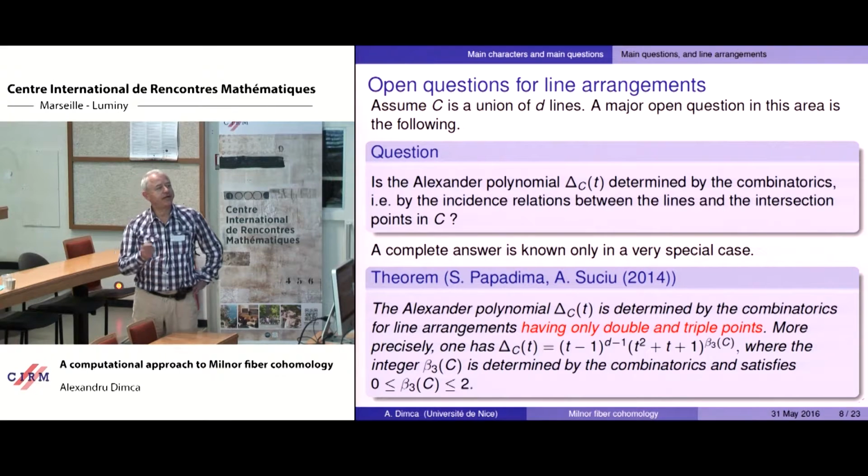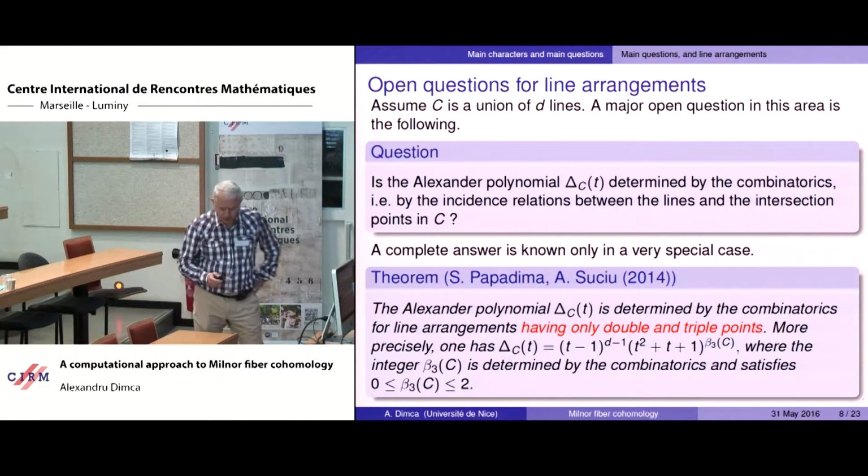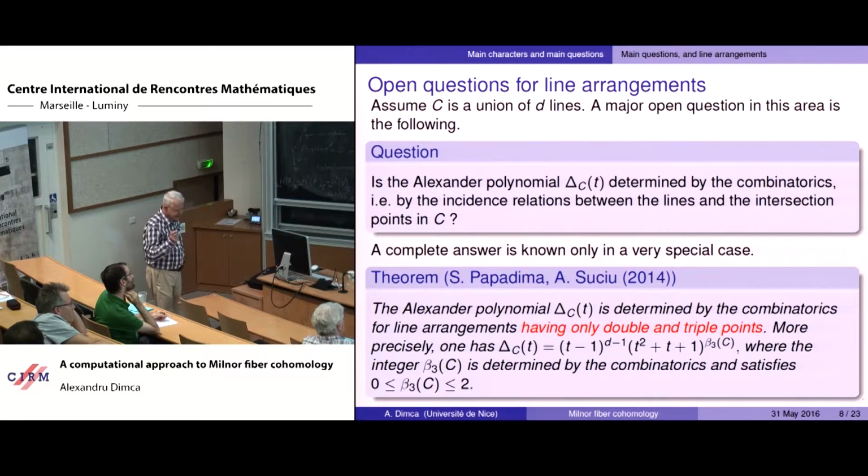So you can construct something in the Orlik-Solomon algebra, which is determined by the combinatorics. You take the mod 3 version of this algebra, you do some tricks, and you determine this invariant, and this appears in this theorem. But in general, nobody knows, and if you are able to construct such examples, it will be great. People will be happy.